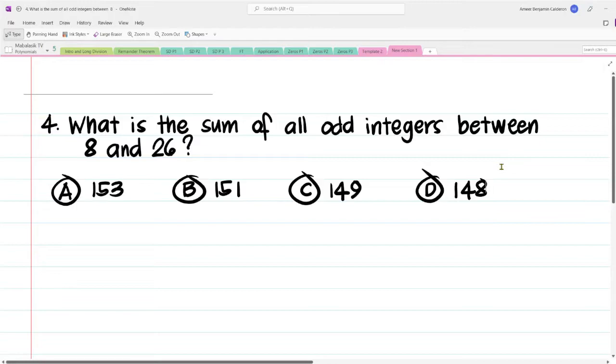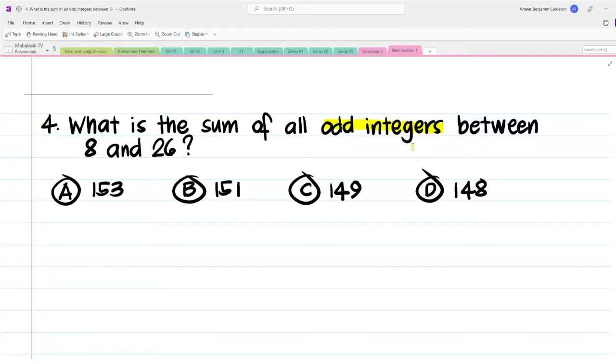What is the sum of all odd integers between 8 and 26? So same concept dun sa previous question. Kailangan muna nating malaman kung ilan lahat yung odd integers between 8 and 26. So when we say odd integers, these are integers that are non-divisible by 2.